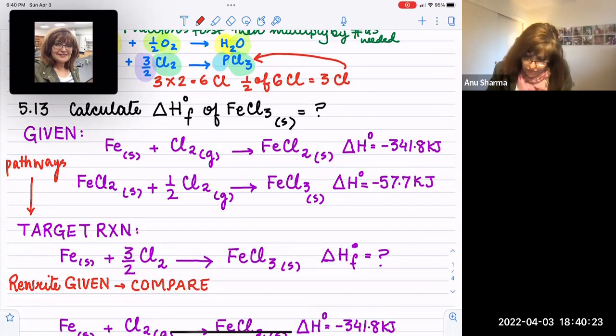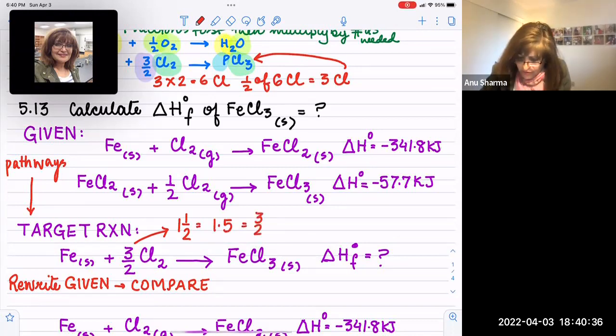Remember that 3 by 2 stands for 1.5. This is also written like that, 1.5, and that is equal to 3 by 2. These are all different ways of writing the same thing. All of this means 1.5.